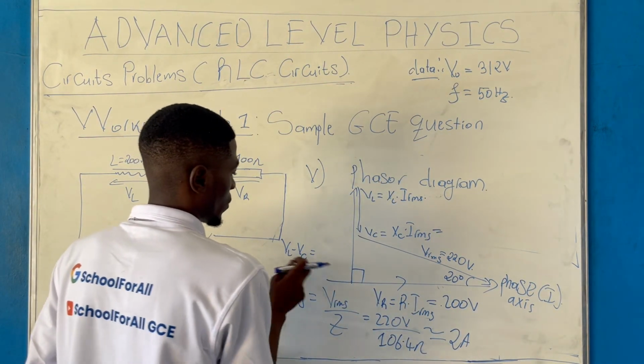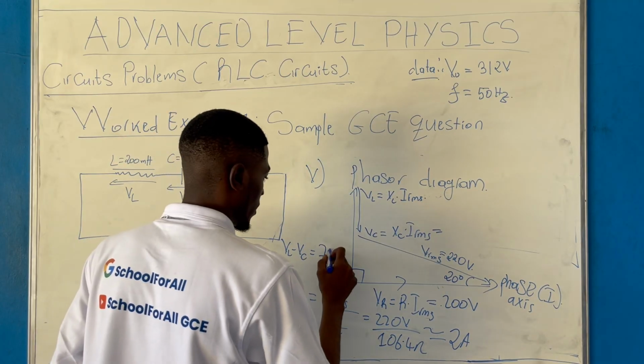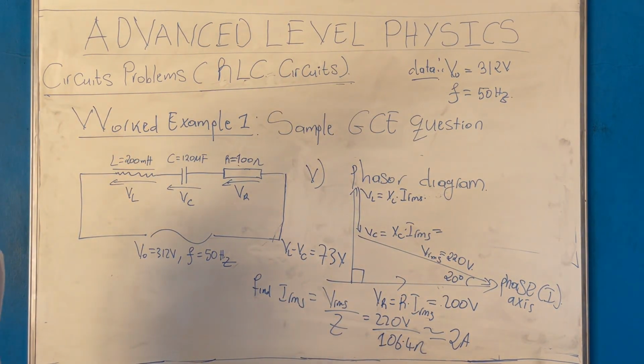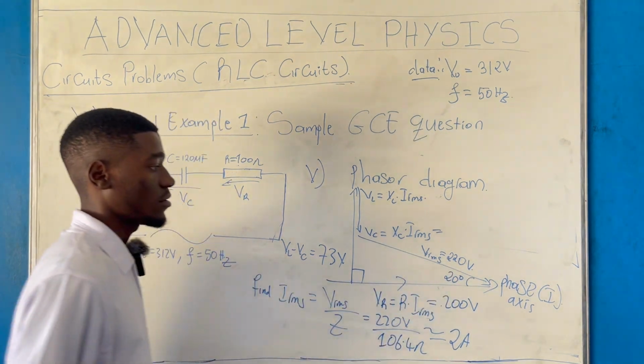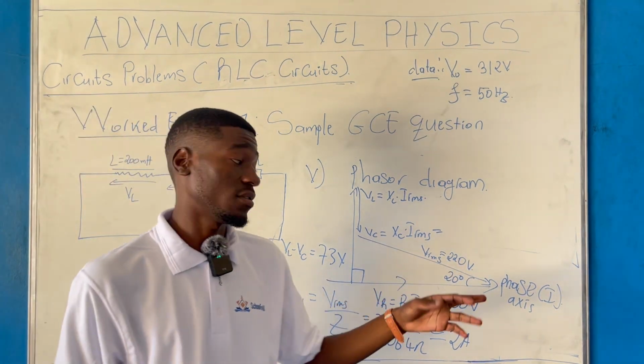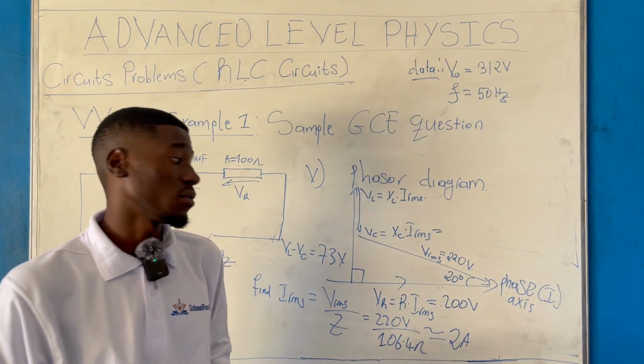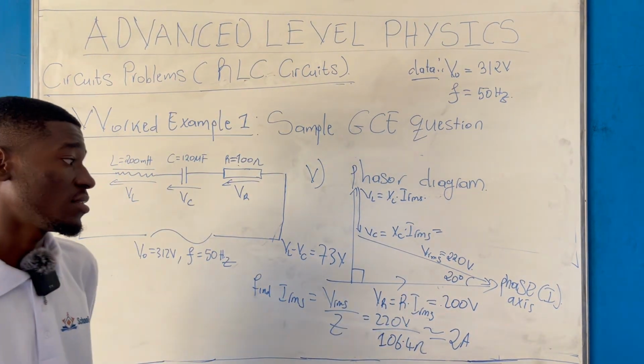When I subtract, I will have slightly equal to 73 volts here, and then VRMS is 220 volts. So that is the phasor diagram to represent the phase difference between the current and the voltage RMS. That's all about the question.